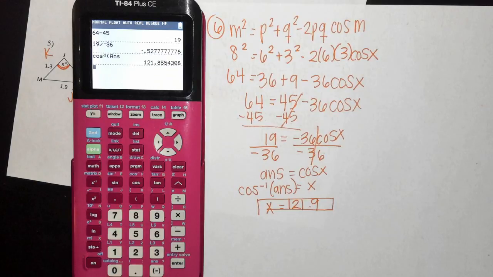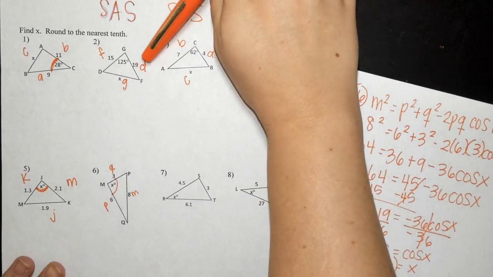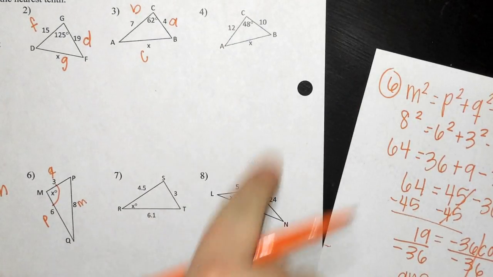So, tonight, hey, I'm not done. Tonight, for homework, you are going to finish the 3 we didn't do. We didn't do 6, 7, or 8. So listen, I want you to do 4, 7, and 8.